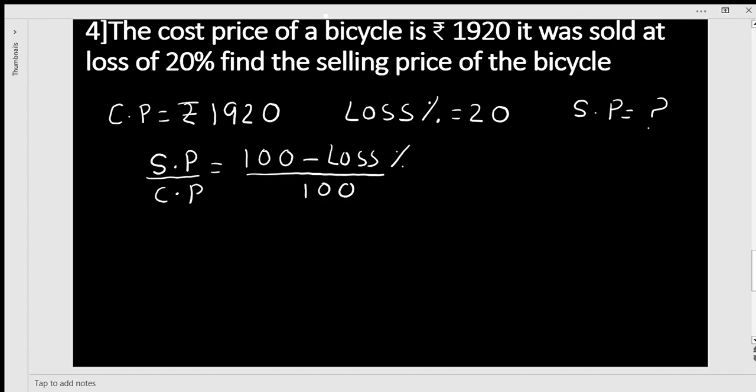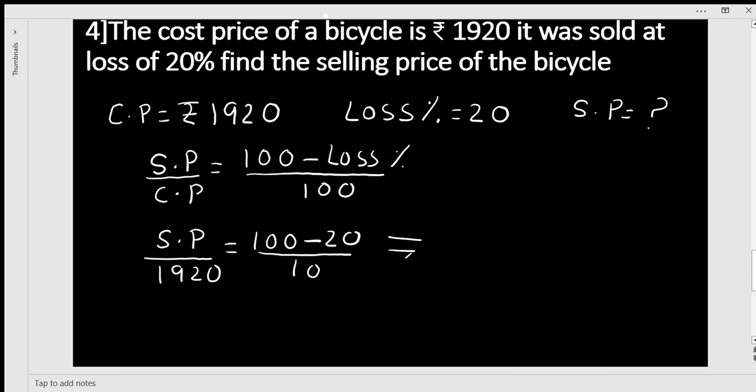What is the value for cost price? Cost price is 1920. What is the value for selling price? Selling price is to be found. So selling price upon 1920 is equal to 100 minus 20 upon 100. Correct, students?